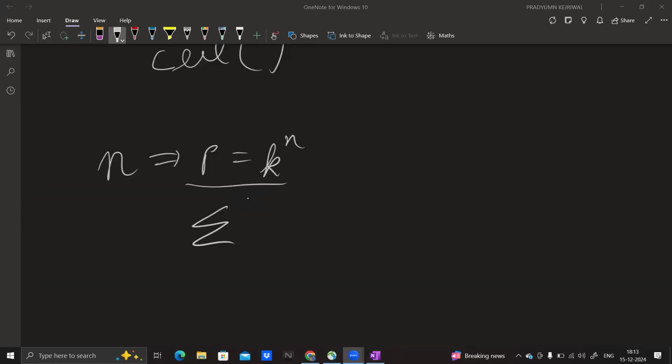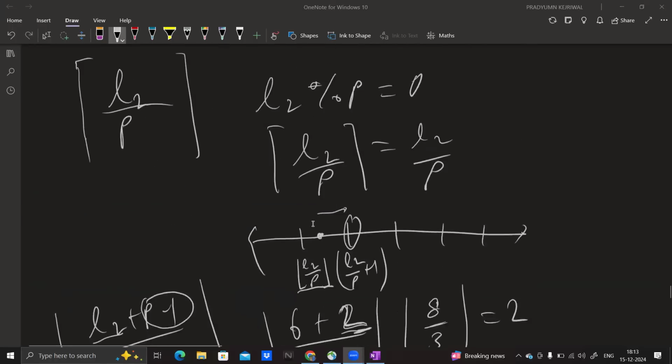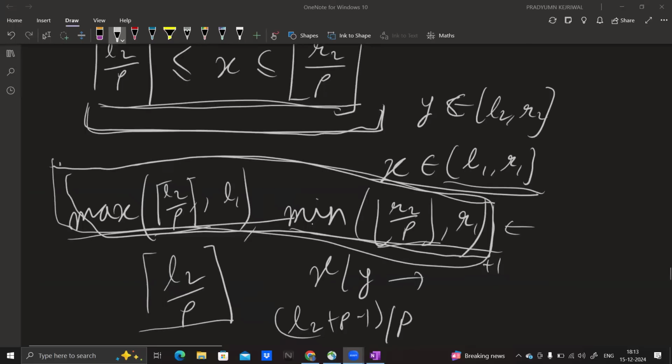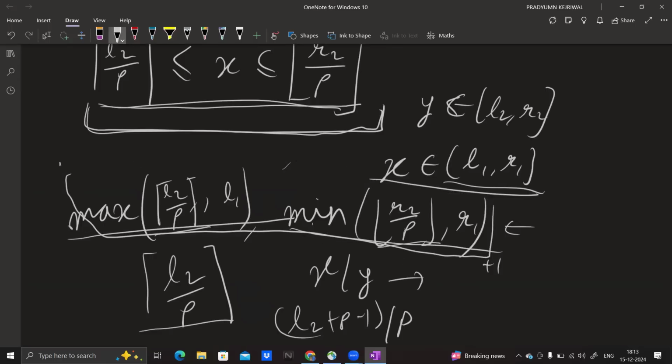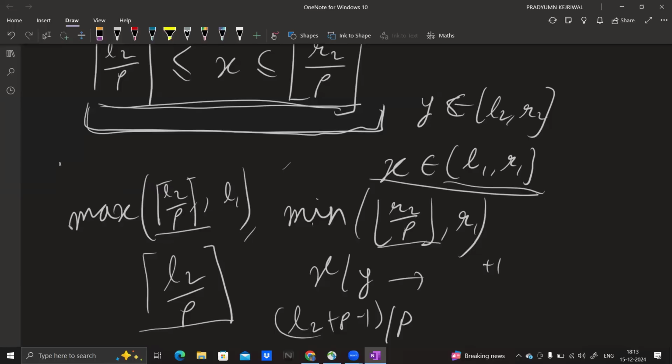One thing to note is that when you are doing this, about the intersection, let's say I have two intervals L1 comma R1 and L2 comma R2.